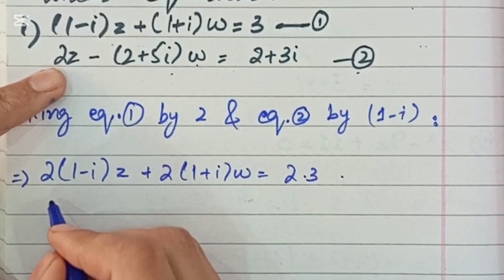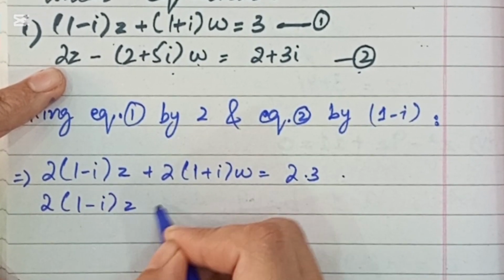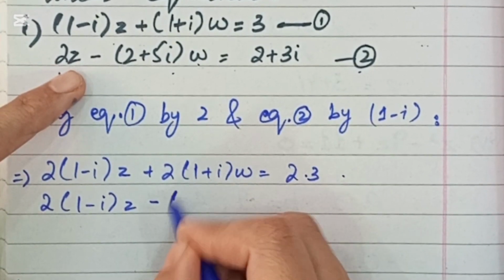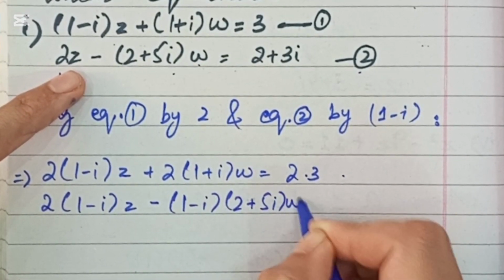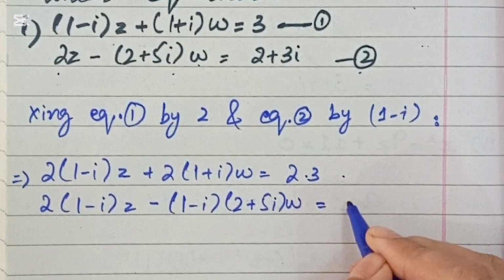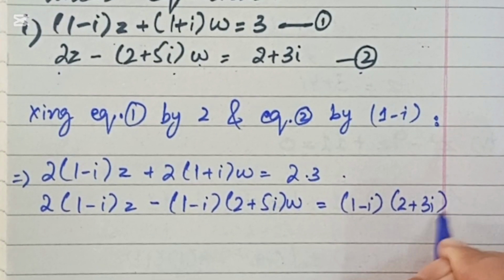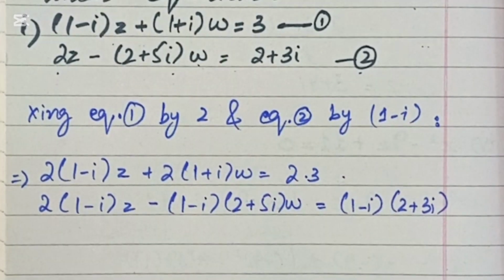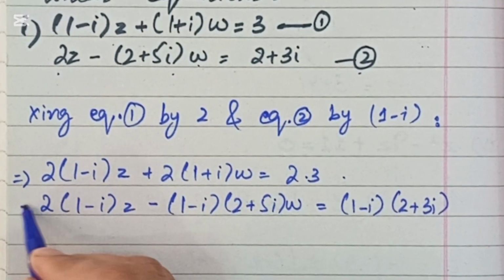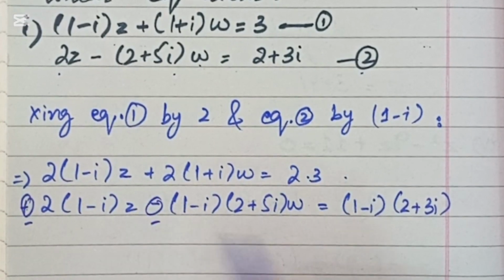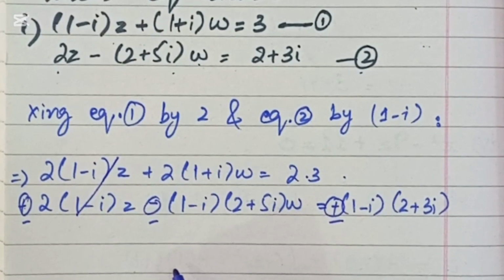And the second equation will imply 2 into (1 minus iota)z minus (1 minus iota) into (2 plus 5 iota)w equals (1 minus iota) into (2 plus 3 iota). These are the equations now. Now we will change the sign of the second equation in order to cancel it. Okay, this one will be cancelled.